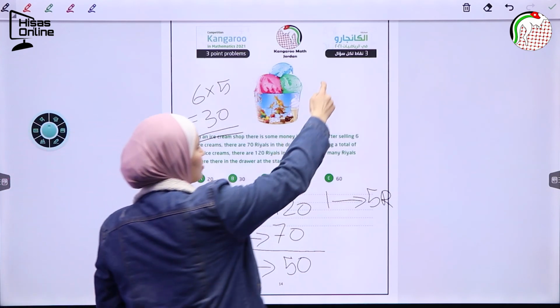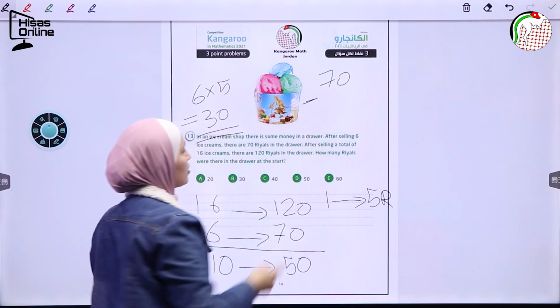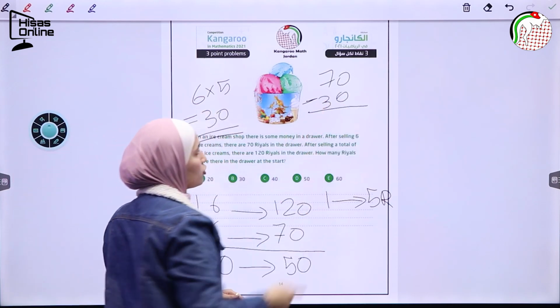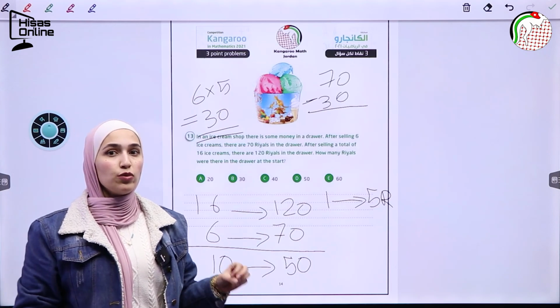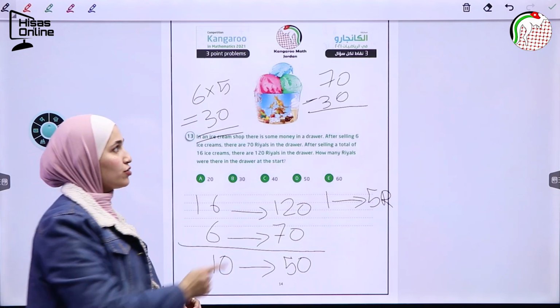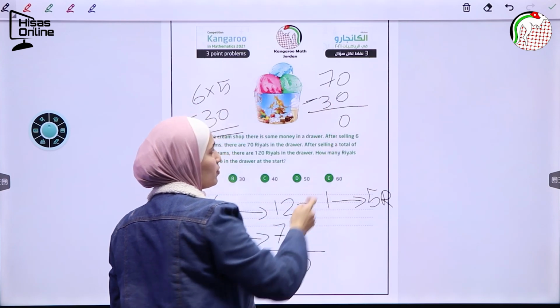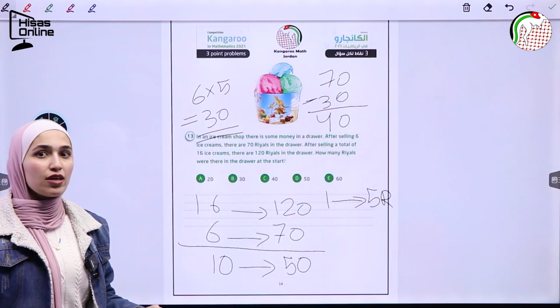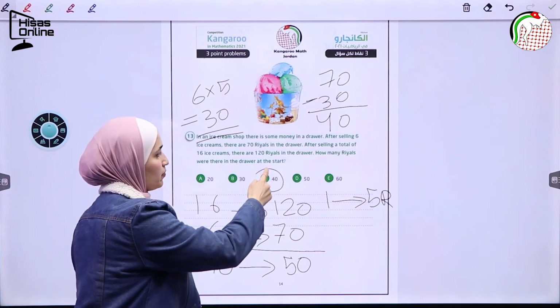So 70 minus the price of 6 ice creams, 30, to find what was in the drawer before selling anything. 0 minus 0 is 0. 7 minus 3 is 4. So the answer is 40. So the answer is C.